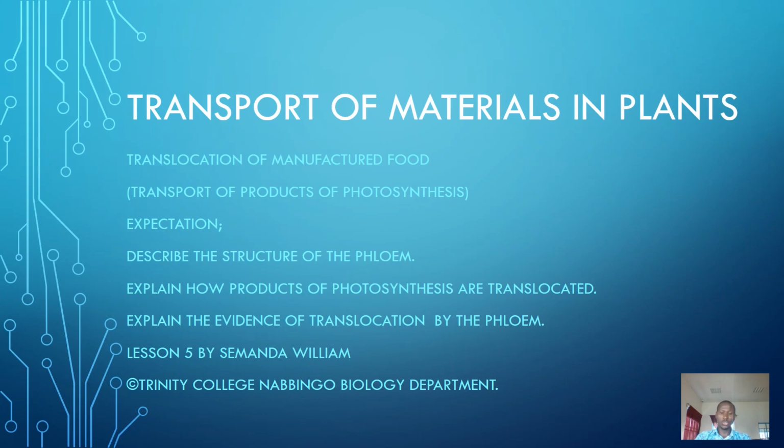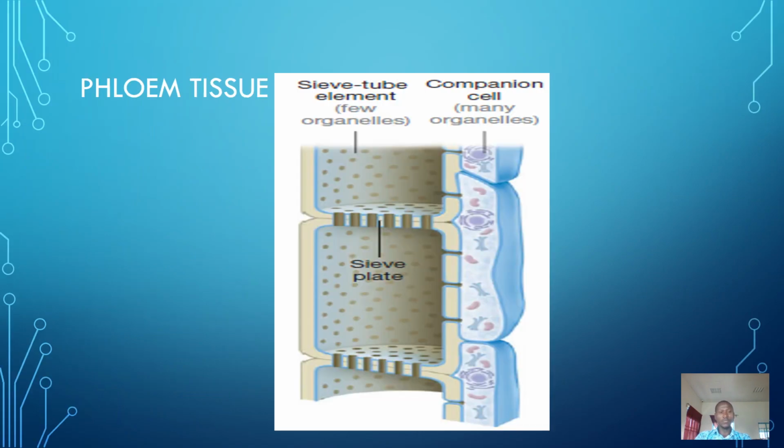this transportation. To start right away, let's start with the phloem tissue, a tissue responsible for transportation of manufactured food or products of photosynthesis. This tissue is a compound tissue with two types of cells, the sieve tube element and a companion cell.